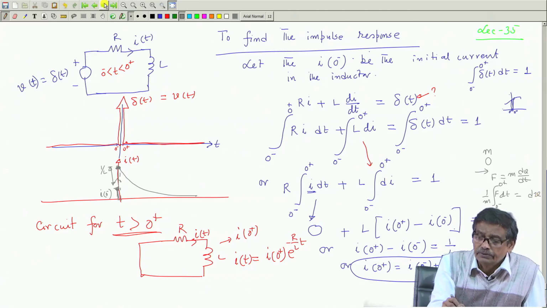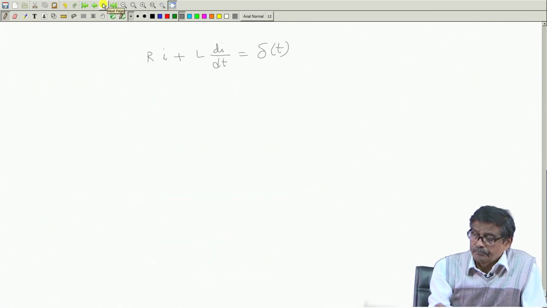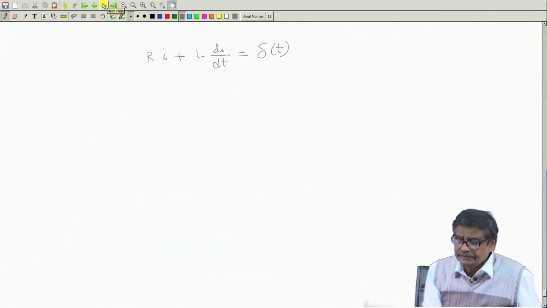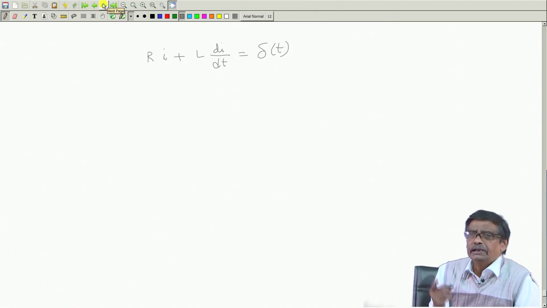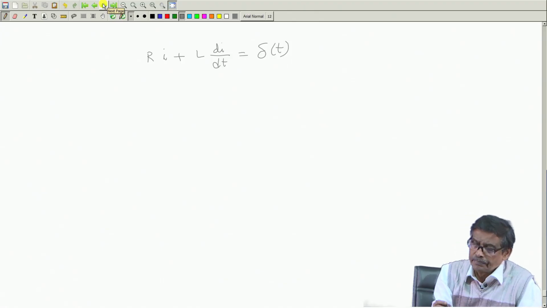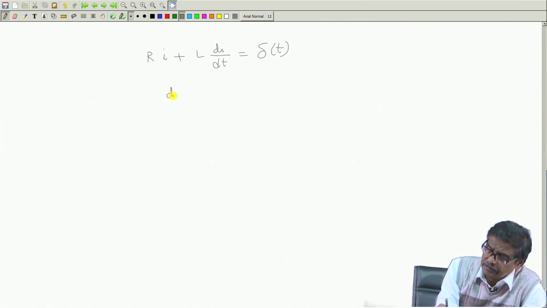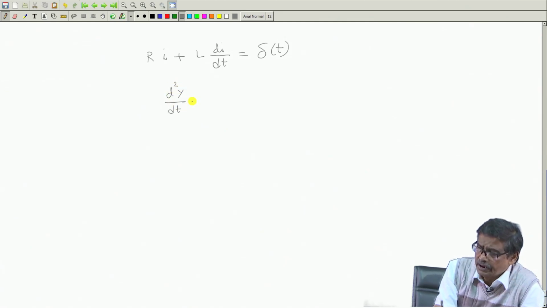Anyway, so this is the thing. The only thing I will tell you about this is what happens if it is an RLC circuit, a second order system. Suppose you have a second order system d2y/dt2 plus so on.